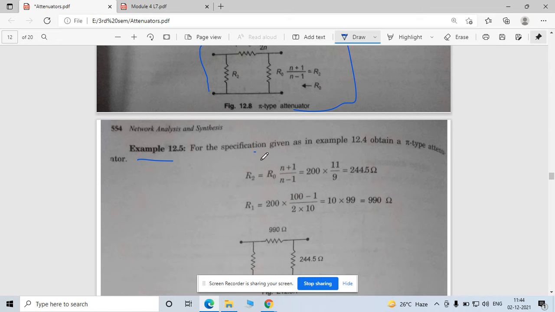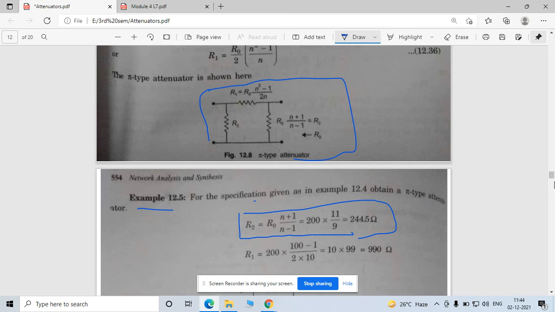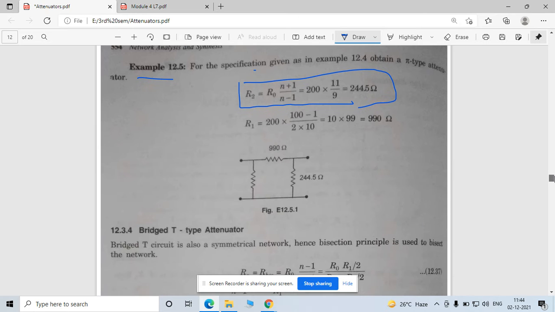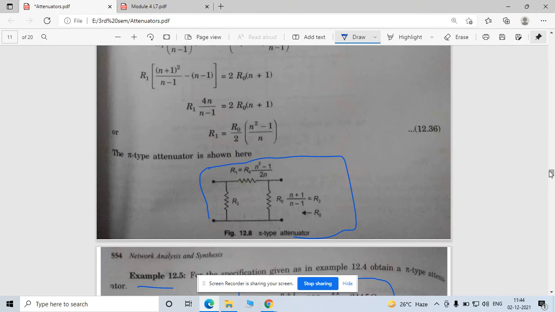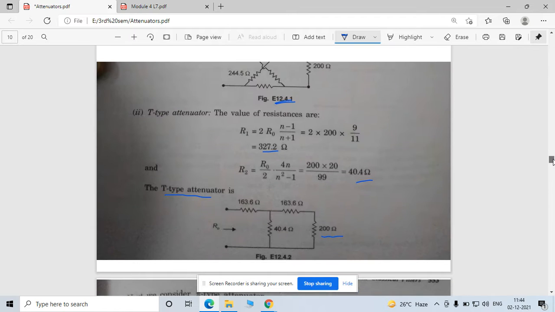This pi type of attenuator is given. R2 is nothing but your R naught times n plus 1 divided by n minus 1. I think the question is missing here, so directly see here, the value is the same as in the previous example which I considered.